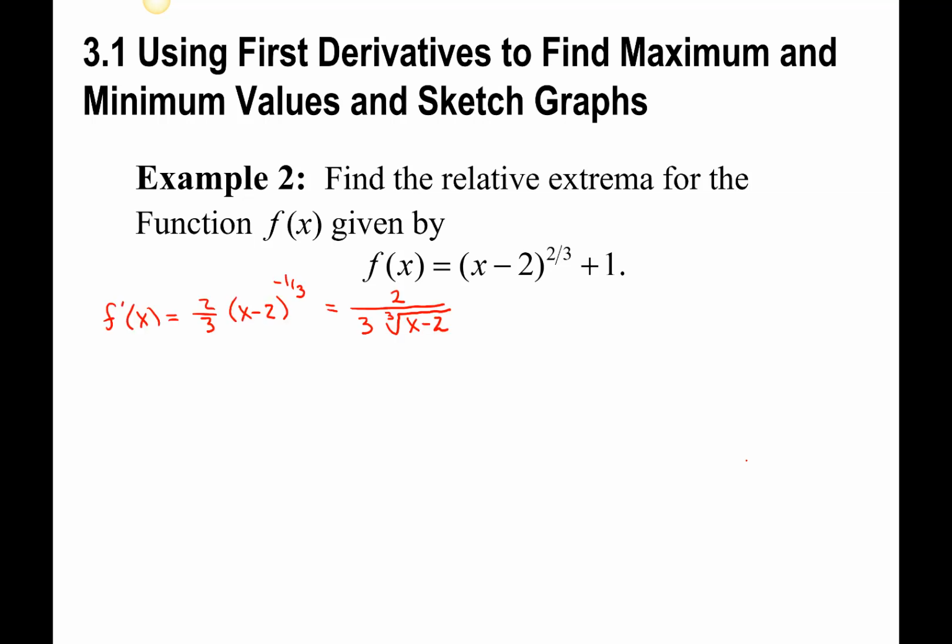All right, with this one, we've got a derivative. We've got a negative 1/3 power. Notice I took an extra step and I converted it to a fraction to get away from the negative exponent. Why would I do that here? Well, we're going to take this derivative and set it equal to what? 0.